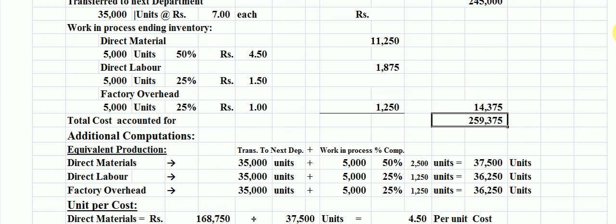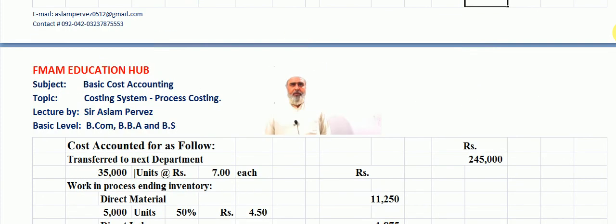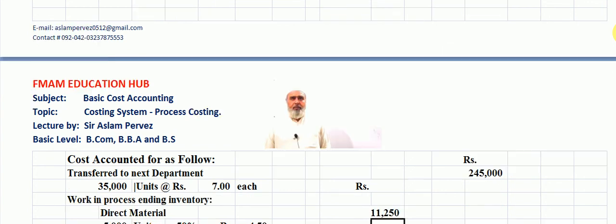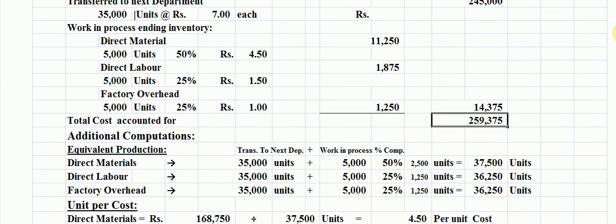Students, this is the reconciliation amount which should tally with the first department's total manufacturing cost here, which is 2,59,375 rupees. This value is equal to this value. Then we can say that our question is accurate, and we have to solve the question in this manner.